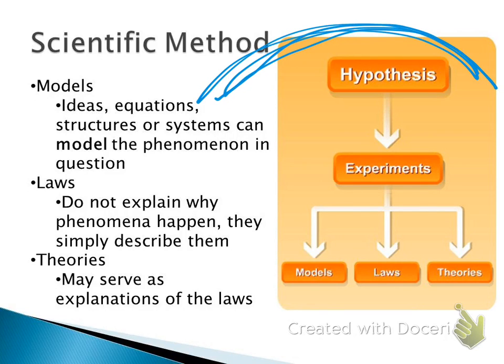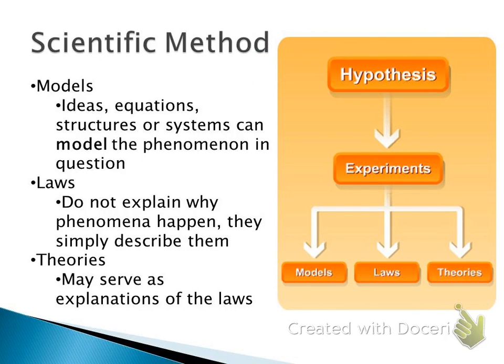So the models are going to tell us what's happening in our problem. Where's our object going? What's it look like? What's it doing? The models that we're going to use in this class mostly come in the form of very simplistic diagrams, and drawing those diagrams based on the problem is going to become really important.